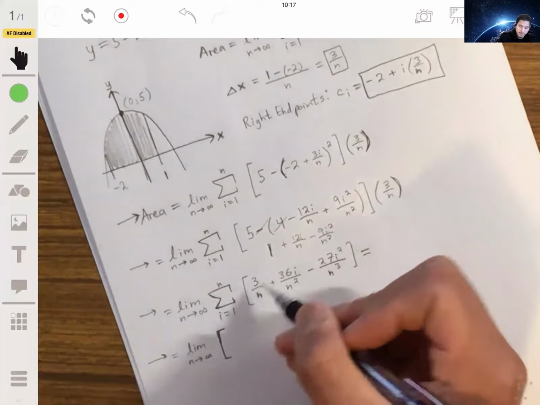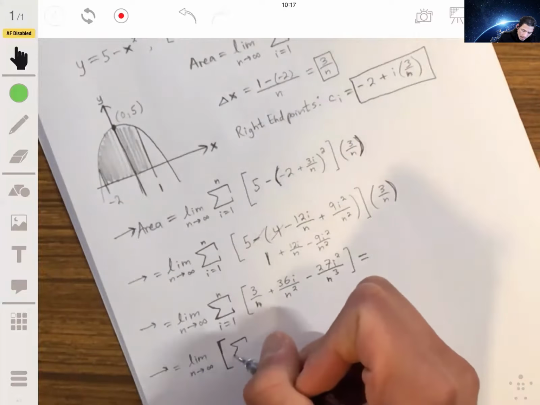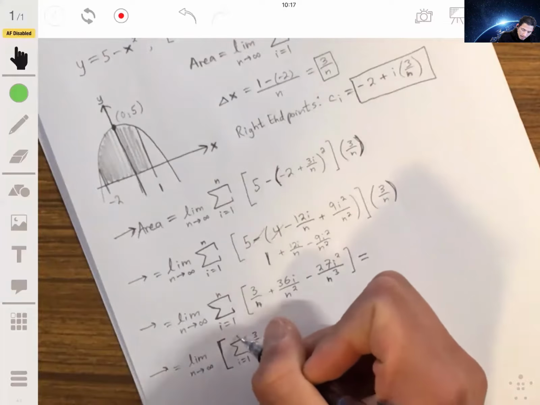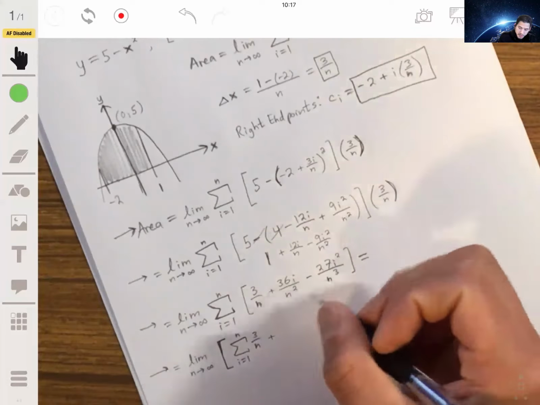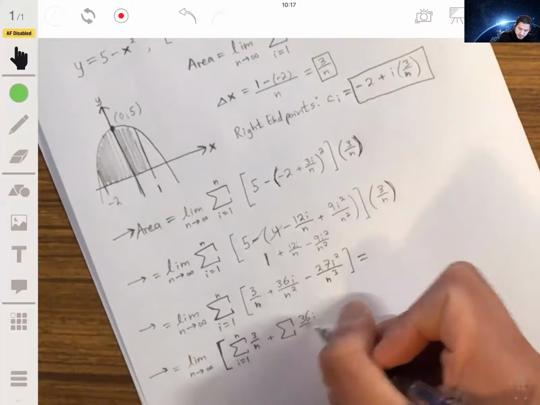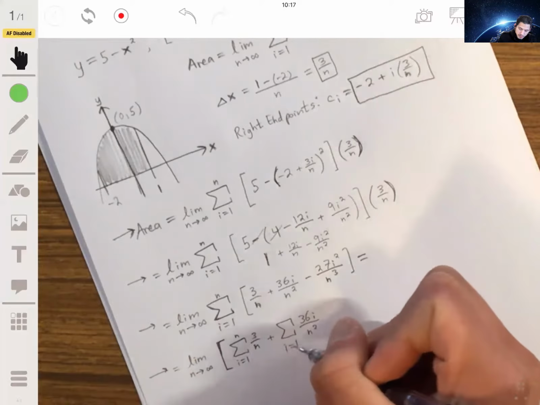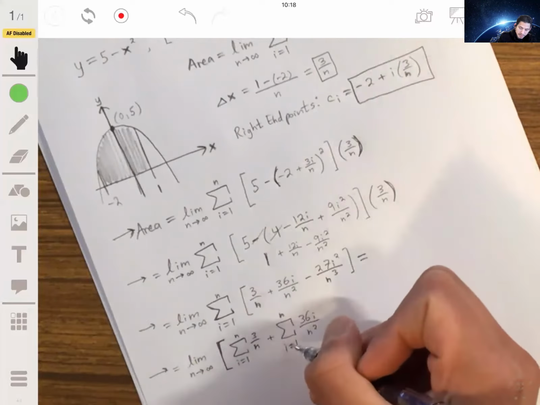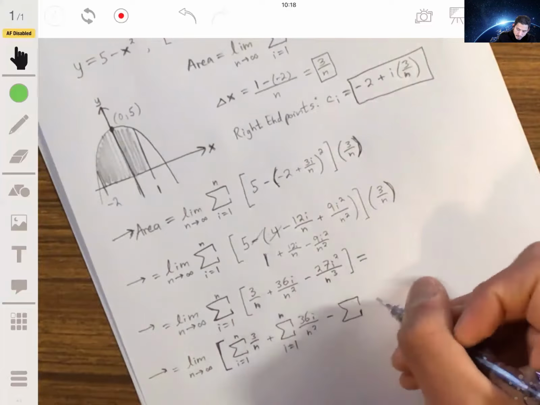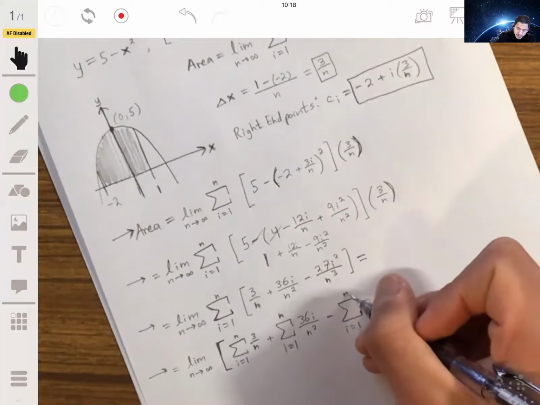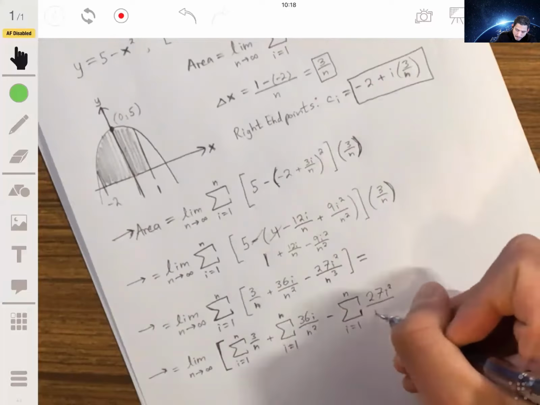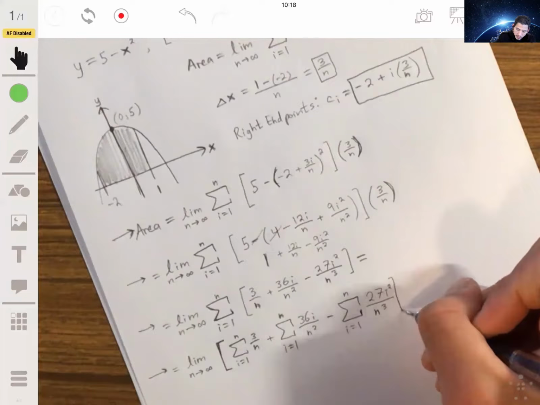So we're gonna have the sum of 3 over n plus this sum, 36i over n squared, i equals 1 to n, minus this sum, 27i squared over n cubed.